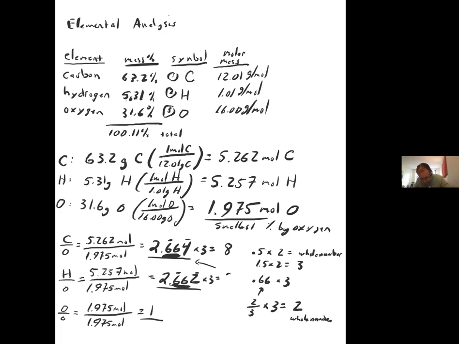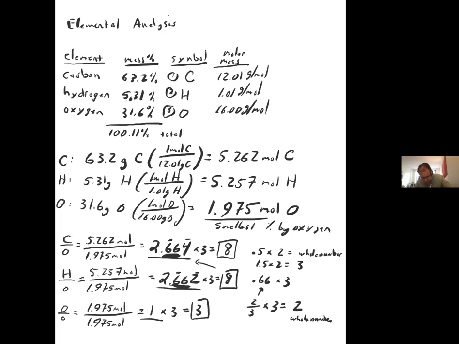So you get about 8. But remember, you got to do them all. So 1 times 3 is 3. Okay, so see how these numbers worked out, 8, 8, and 3. Those are definitely whole numbers, and there's no way you can divide them by some number to make them smaller. So those would be the empirical formula.